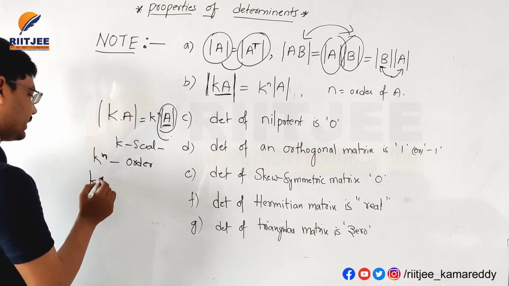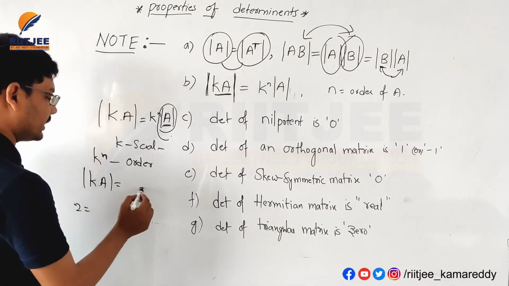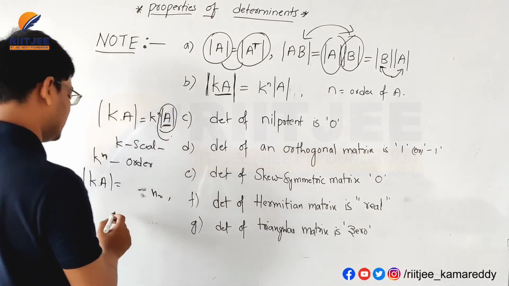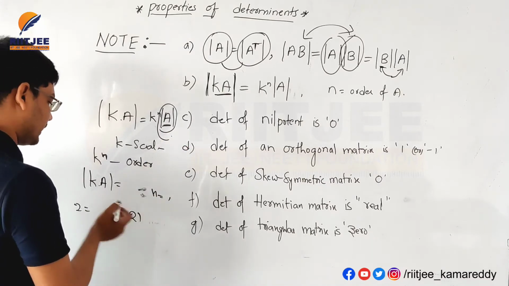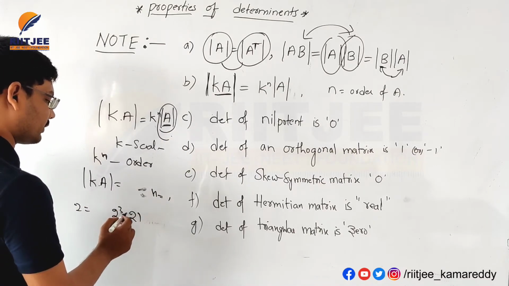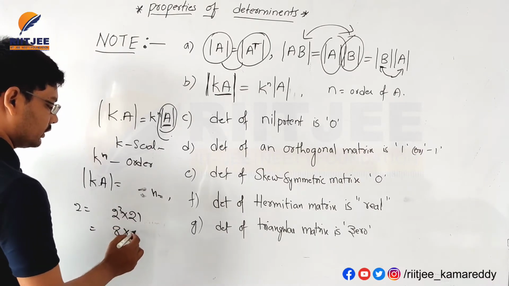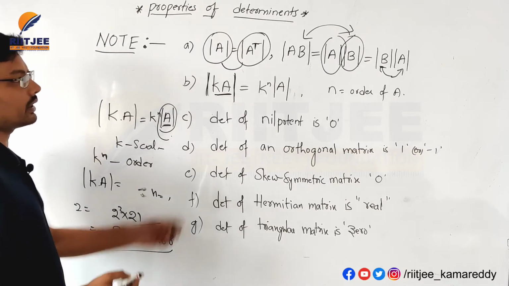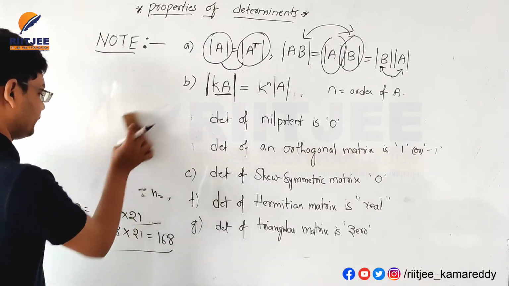For example, if I am taking k is 2 and order is 3 by 3 matrix, n is equal to 3. If you got modulus value equal to 21 and order of matrix is 3, k equal to 2, then it is 2 to the power of 3 into 21. So 8 into 21, 8 ones are 8, 8 twos are 16, 168 is the answer. This is the property number B in note point.